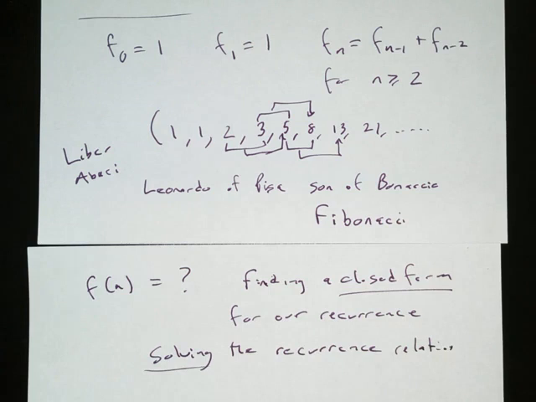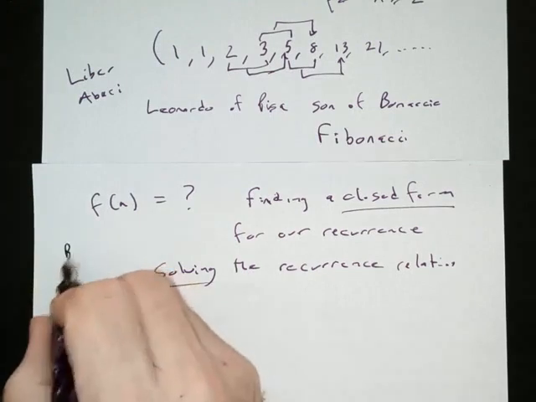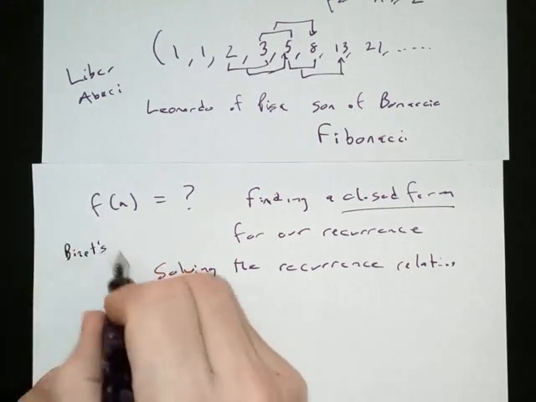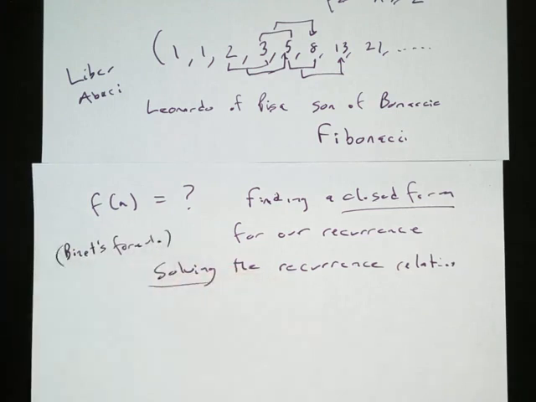Now, in this case, finding that formula is really complicated. So I'm not going to do it. I am going to tell you that there is such a formula, and we'll figure it out in chapter 8. If you're interested, you should look up something called Binet's formula, which was solved in the 1850s, I believe.